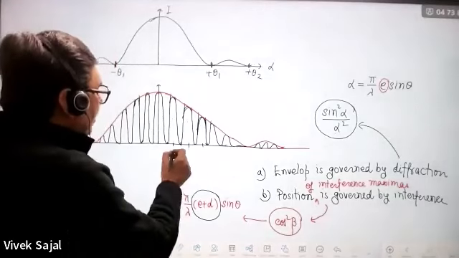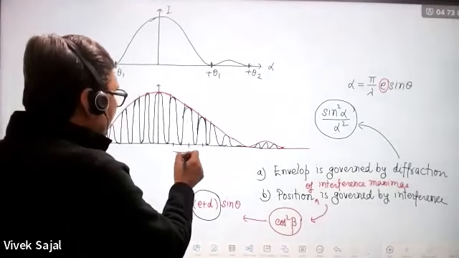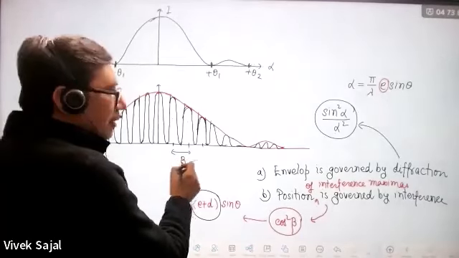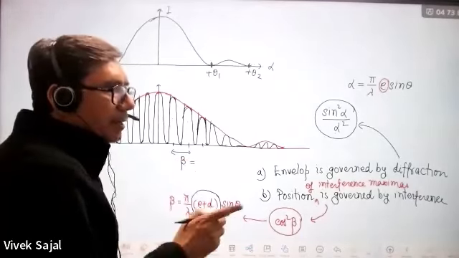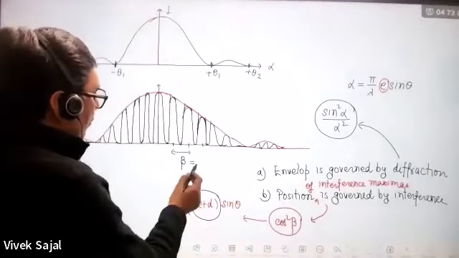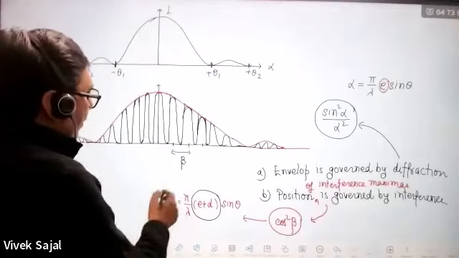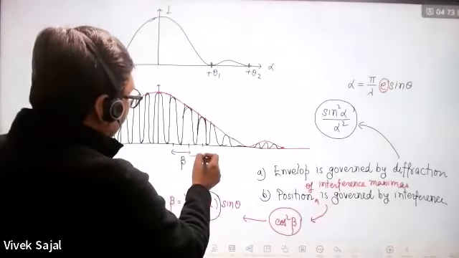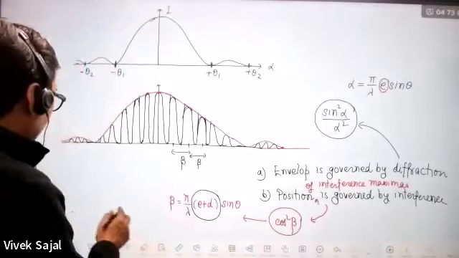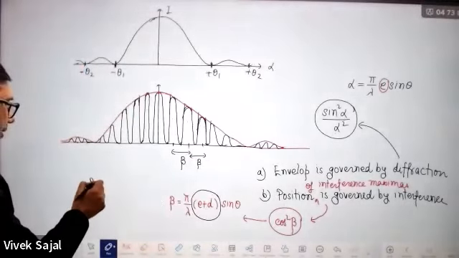What will be the separation between two principal maxima? That will be beta, you are aware. And what is beta? Beta, you are aware, that will be capital D lambda upon small d. So this is corresponding to beta of the YDSE experiment. In the YDSE experiment, if you remember, what was beta?